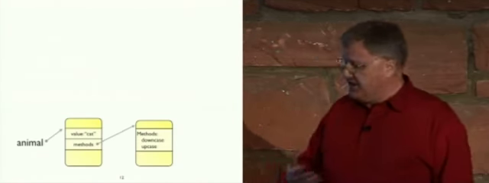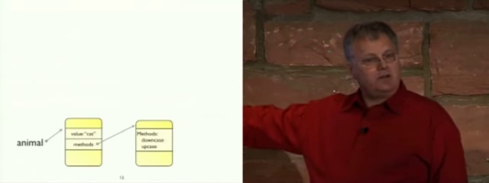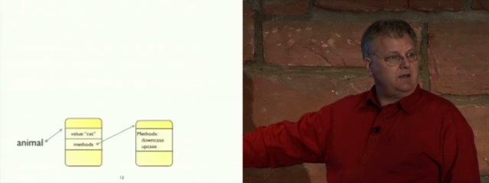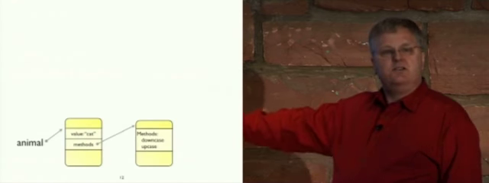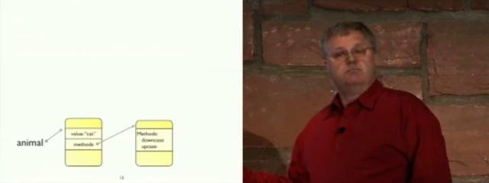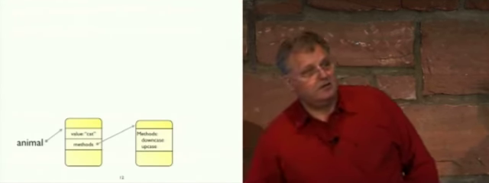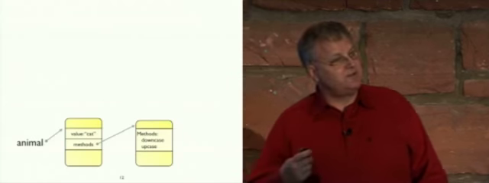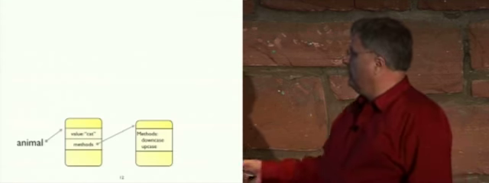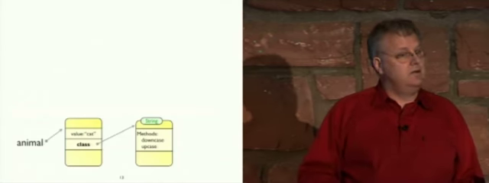And when Ruby sees animal.upcase, it goes to our animal object, goes one to the right to find the table of methods, and then searches through that until it finds the code for upcase. And when it finds that code, it executes it. Pretty simple, right? Now, because we have to live in the real world, I have to reveal a little ugly secret. What I called a table of methods there is actually a class.